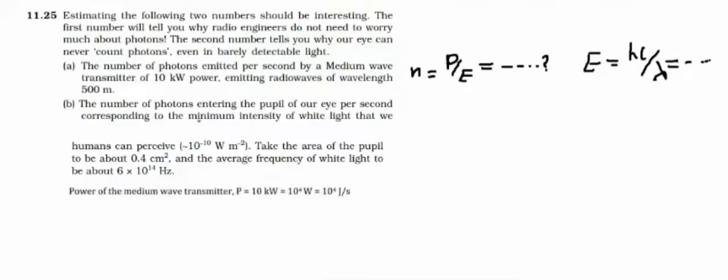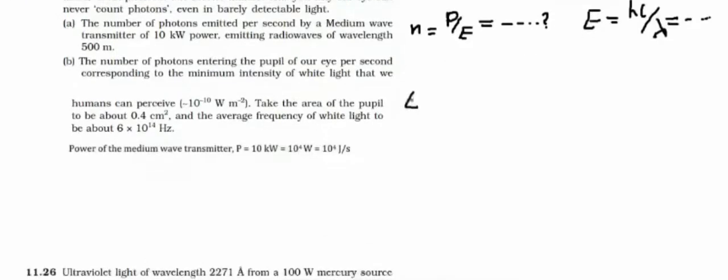That is what we need to calculate. Now, frequency is given. So first we take E is equal to h nu, so that you will get the energy of one photon. Now you will get the total energy.